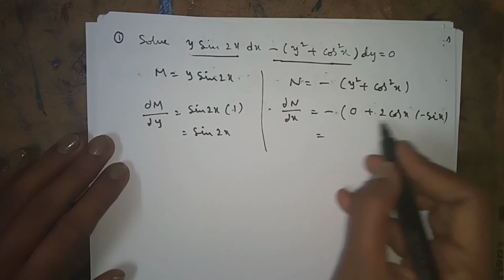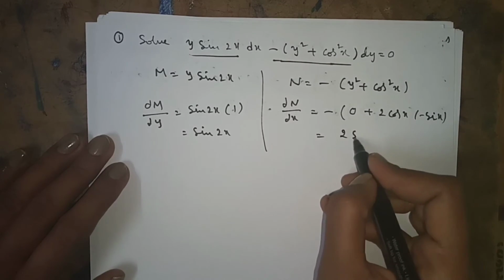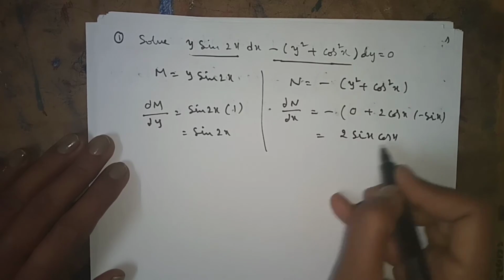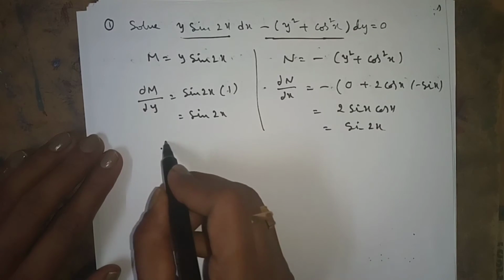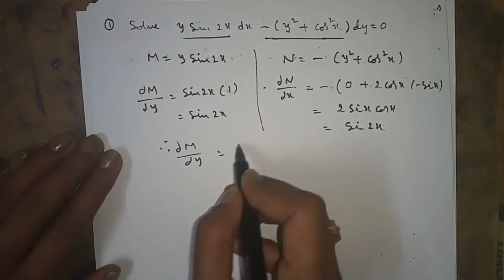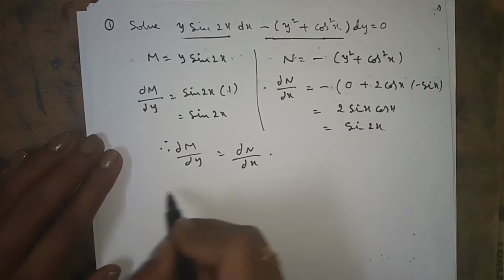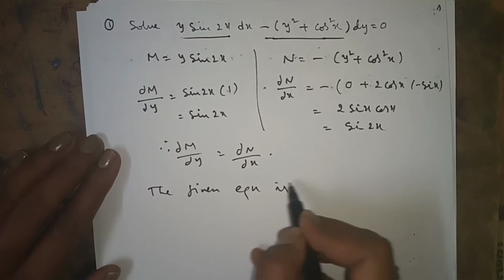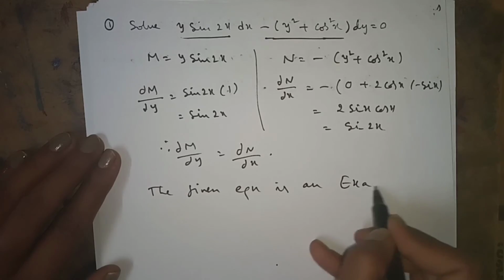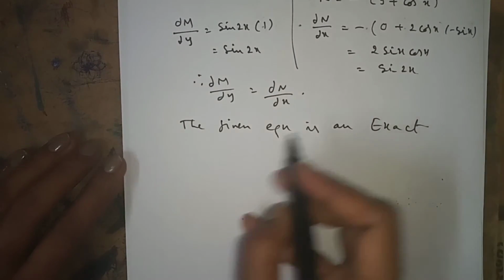If you multiply minus into minus, plus becomes 2 sin x cos x. 2 sin x cos x is sin 2x. Therefore, ∂M/∂y is equal to ∂N/∂x. The given equation is exact.